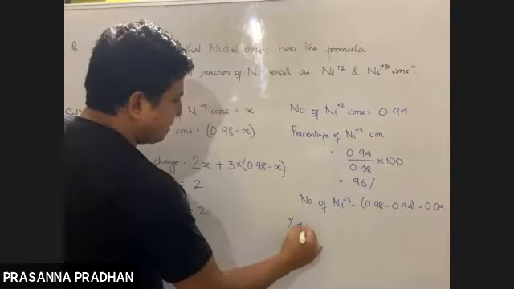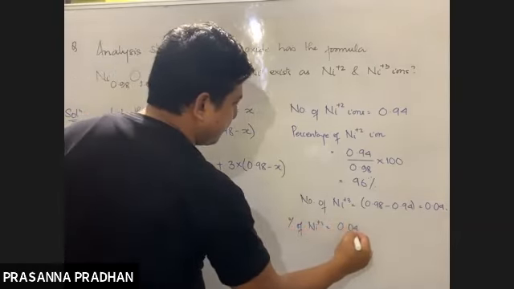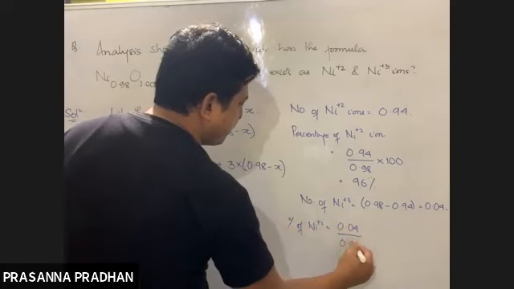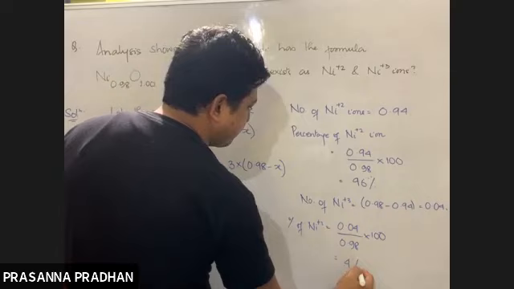So the percentage of nickel tripositive is 0.04 divided by 0.98, into 100. It should come to 4 percent.